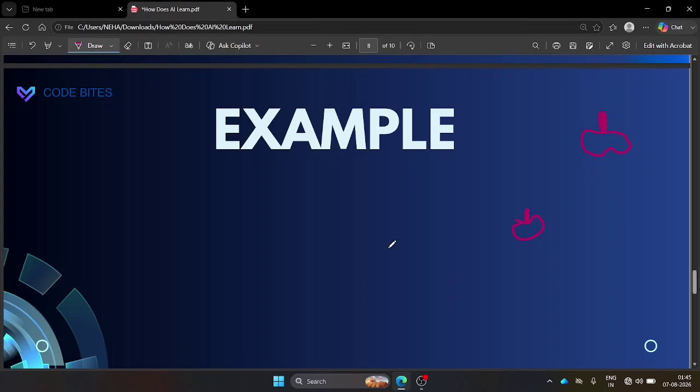Let's take one more example, a school example. Your teacher teaches you that 2 plus 2 equals 4, right? And the next day she teaches 3 plus 3 equals 6, right?